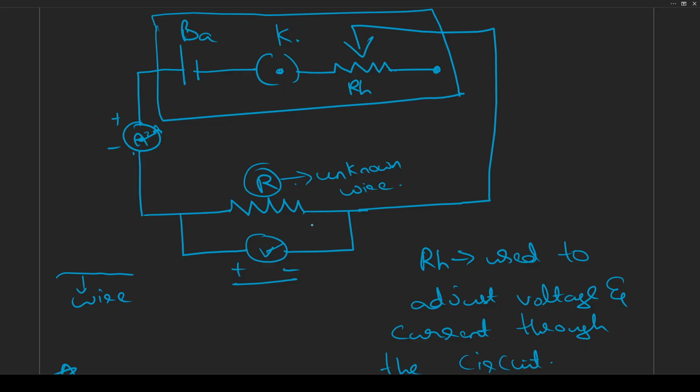It might be, but depending on this 2 ampere, there will be some reading in the voltmeter. This reading is noted down. Both these readings, for example 2 ampere and 2 volt or 3 volt, are noted down for the first time. Next, for the second reading, we adjust the rheostat so that it shows 3 ampere. Now it will show some other value, some other x volt. This voltage and this current we note down in our tabular column.